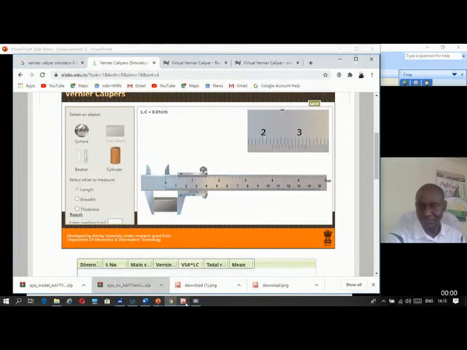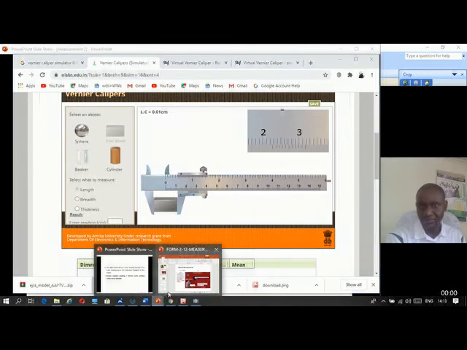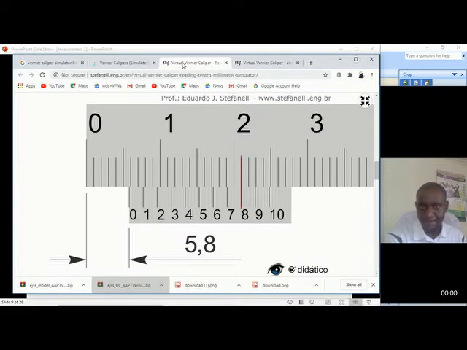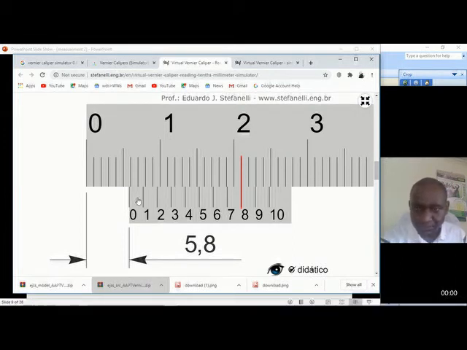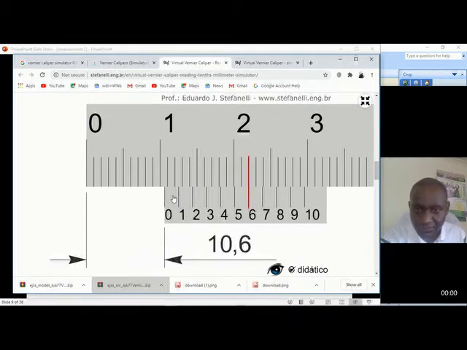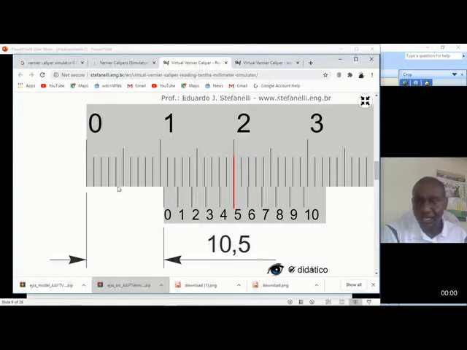Can I have another example? For example, a reading is here. How do you read? Read what is in the main scale up to where the vernier scale starts. You cannot read this because the vernier scale has already started.